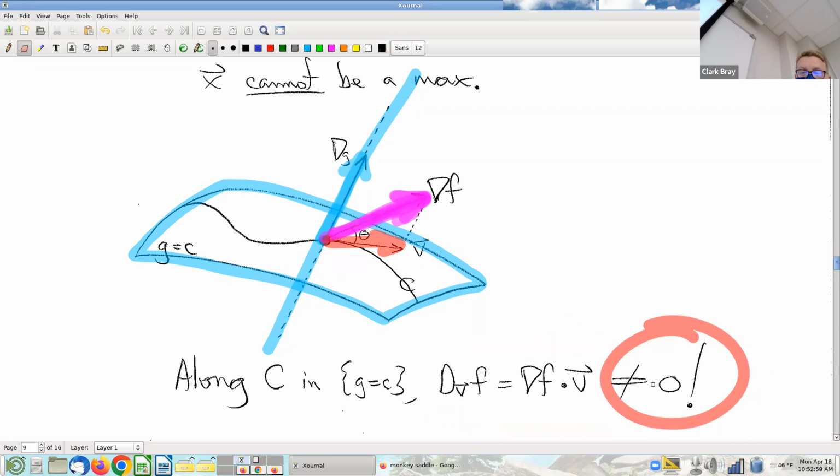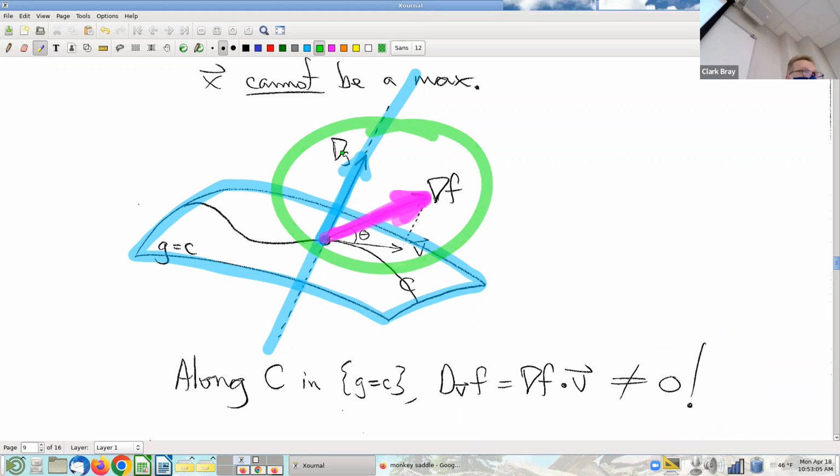So basically, you can eliminate any case where the gradient of G and the gradient of F are pointing in different directions, because, well, the function's increasing. It couldn't possibly be a maximum. Morally, it's the same argument that we made in the single variable case.